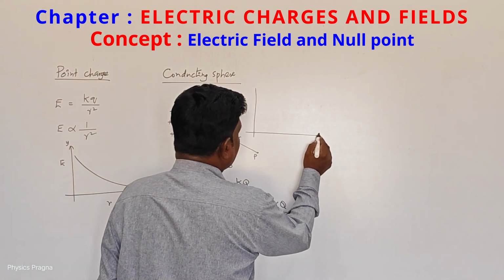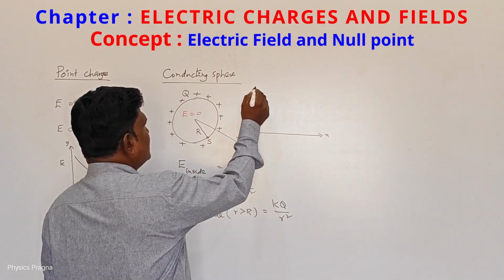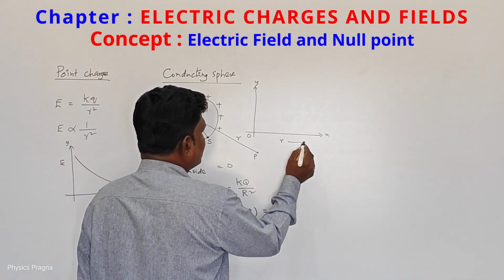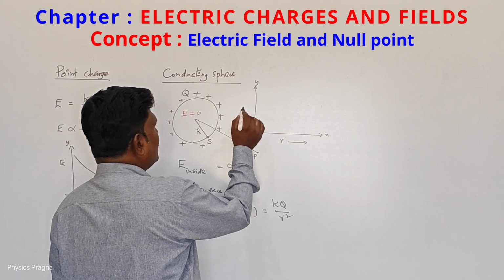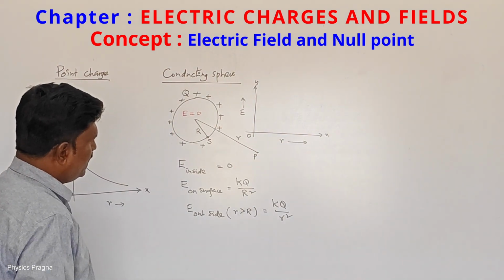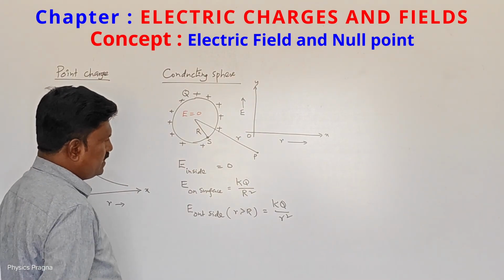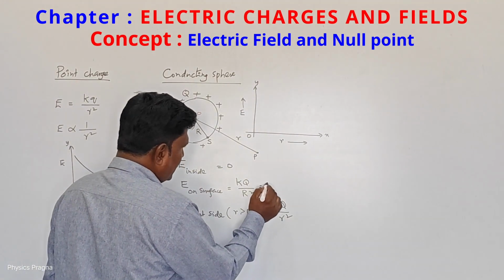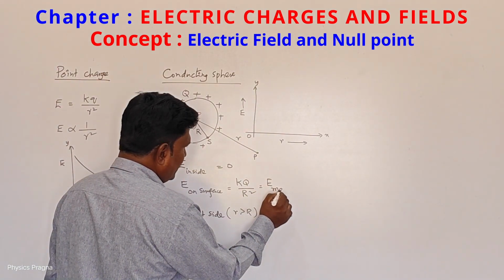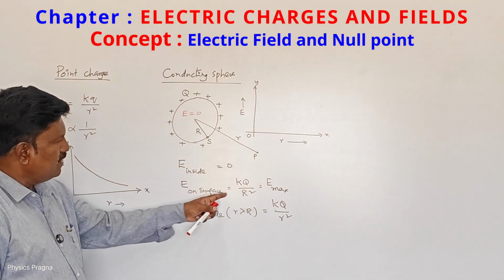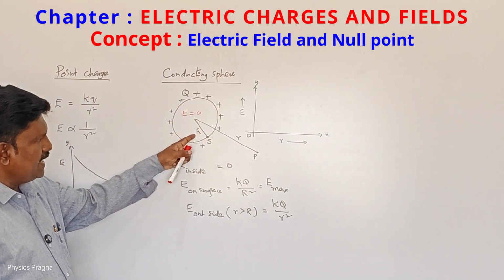So this is the x-axis, this is the y-axis, this is the origin. Here the distances we have taken, here the electric field we have taken. If you see all three equations, this is the maximum electric field. So the maximum electric field you can see is on the surface of a conductor.